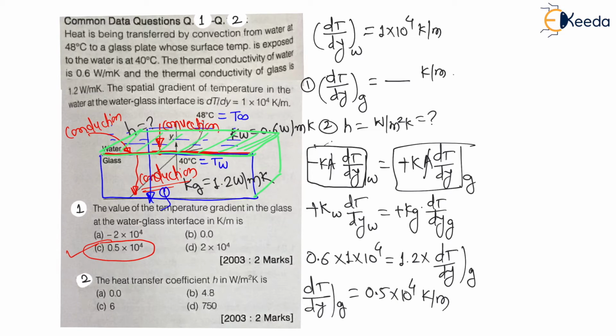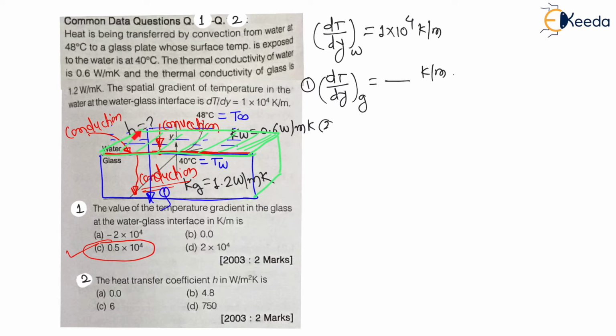Now let us understand the second question. For convection between water and glass, the same area is available which was available for conduction, this area. This is the area available for convection also.